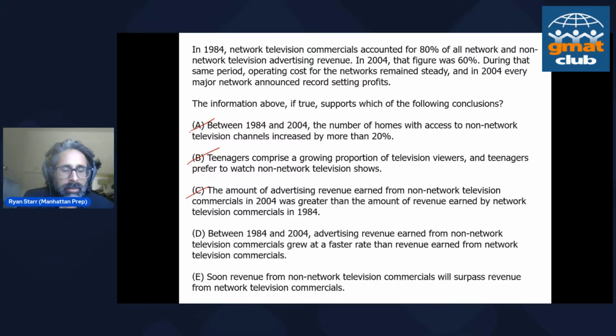But does that mean that the 40% the non-network revenue is getting exceeds the 80% they were getting before? Not necessarily, because that would require overall revenues to have roughly doubled in that time. And all we can really say from the number comparison here is that it went up by at least about a third, not necessarily that it doubled. So C might be true, but it's not necessarily true. We cannot say for sure that that 40% is more than the 80%.